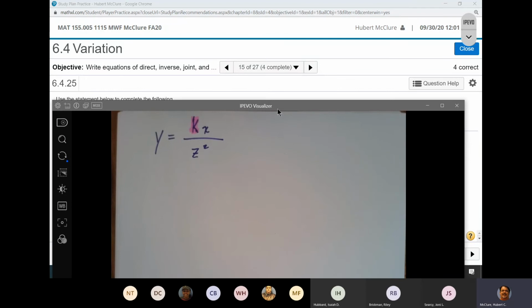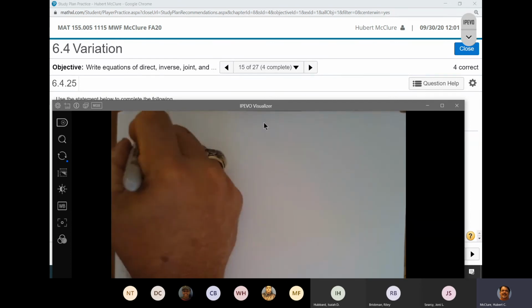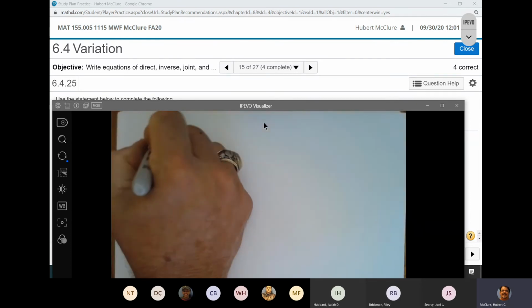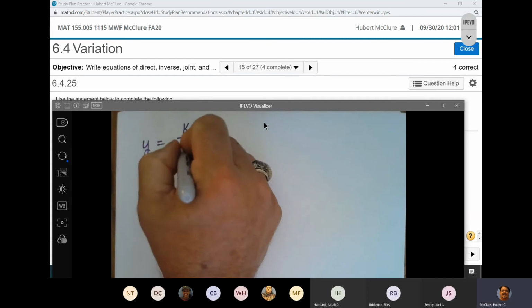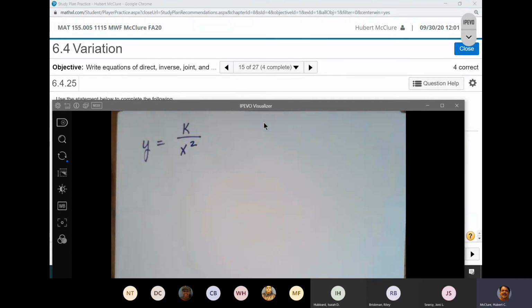Okay, forget the X. I thought it was inversely and jointly. I don't have a white, so I'm just going to start over. Y is equal to K over X squared. There we go. All right, so it looks like that.